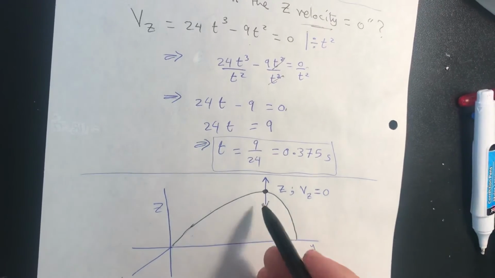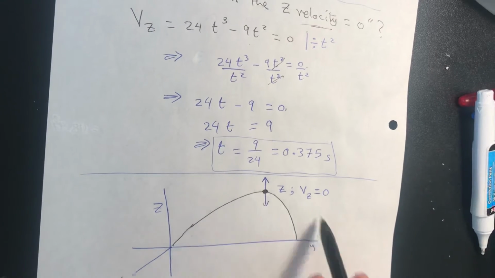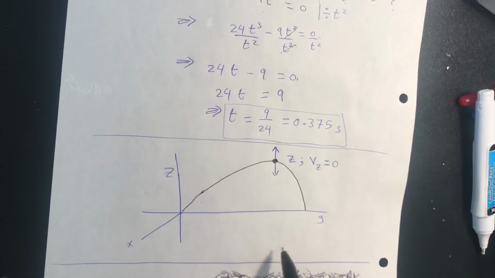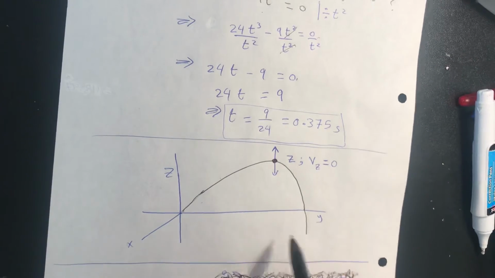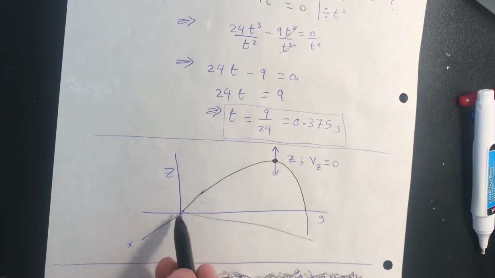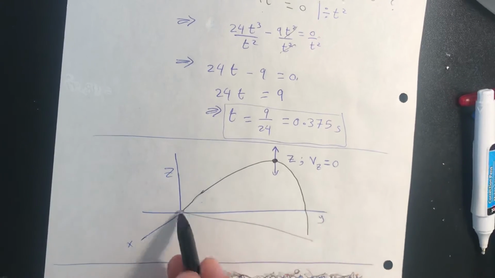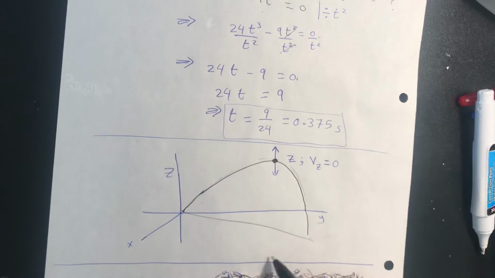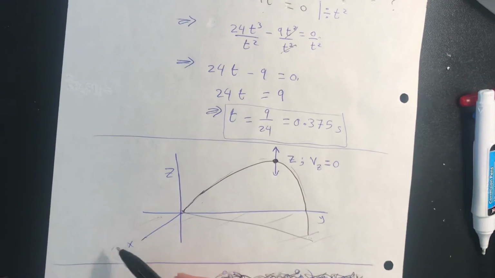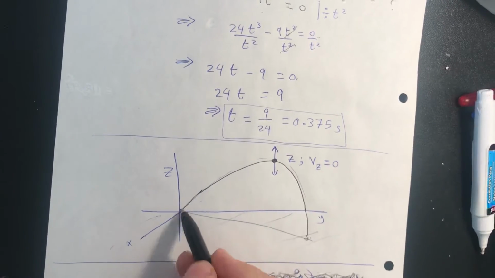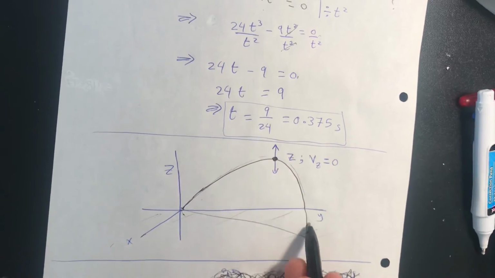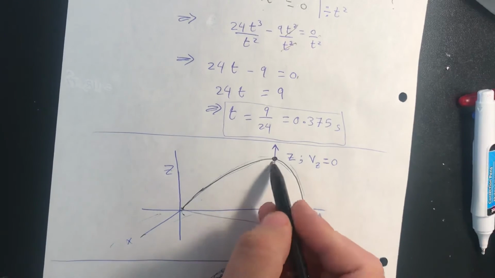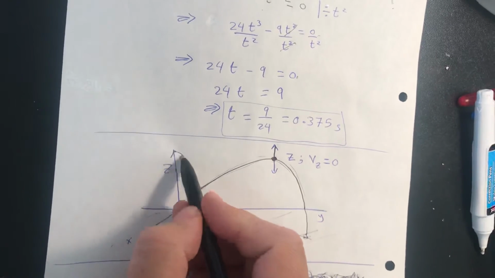This is the time. For example, we have a projectile motion in 3 dimensions. This is x, this is y, and this is z. And I have a projectile motion in the xy plane, and the object follows this trajectory, and upward is the z direction.